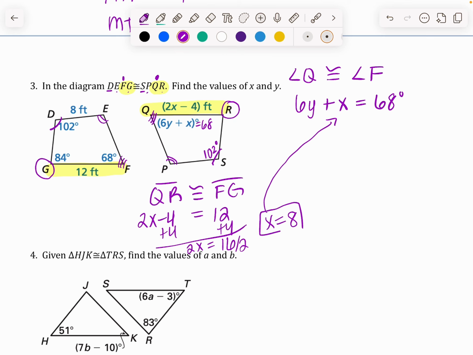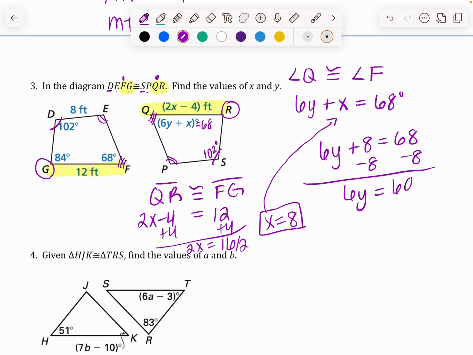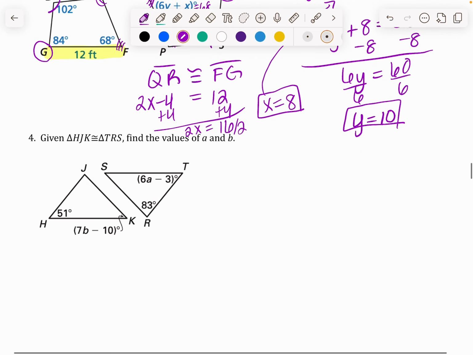So we got x is equal to 8. And then we have 6y plus 8 is equal to 68. Subtract, and then 6y is equal to 60. Divide, y is equal to 10. So that helps us find our x and y. So matching up the corresponding pieces in the right places helps us to find those values.